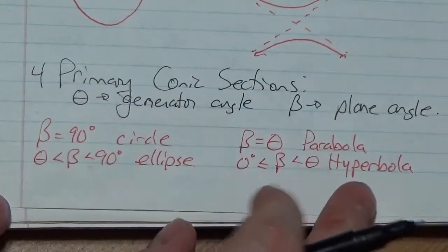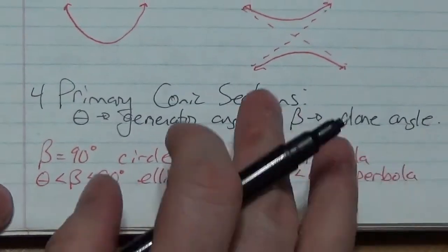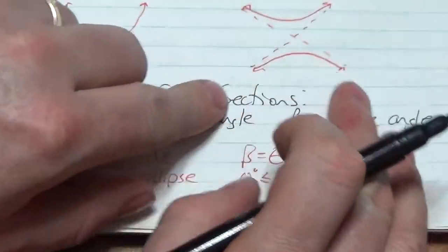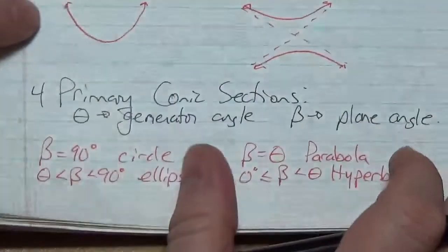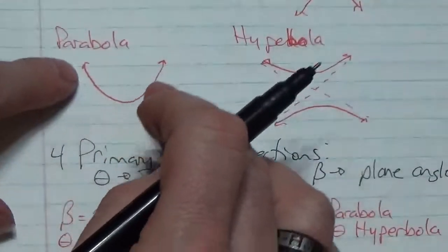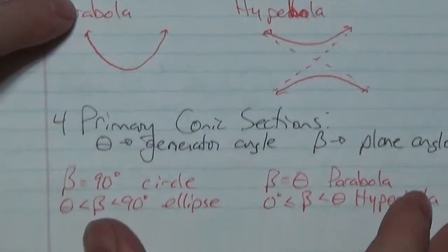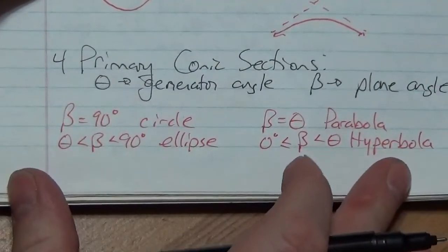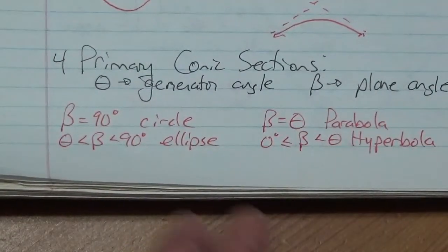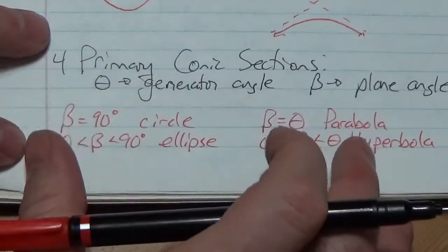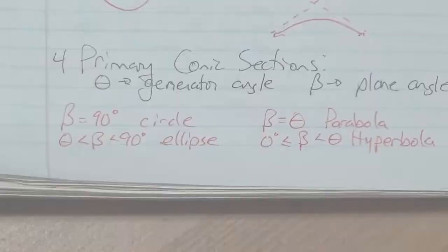Again, similar shapes, but the hyperbola's got two branches, and the branches open up towards two asymptotes, whereas the parabola's always got a very slight inward curve to it. Anyway, we're going to take a look at some example questions just to practice what we've just learned.